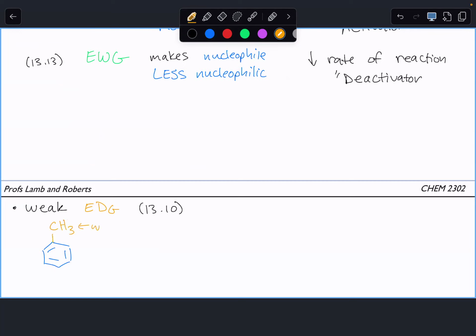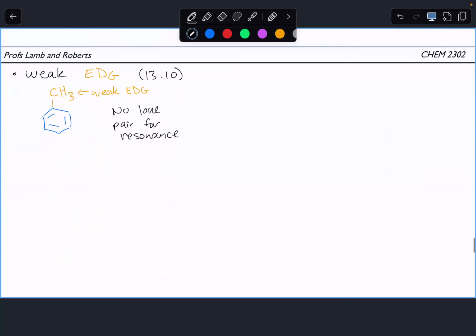So this is a weak electron donating group. So this one does not have a lone pair for resonance, right? So we can't do the same trick of just pushing the electron density into the ring at the beginning. So instead, we need to look at the intermediate.